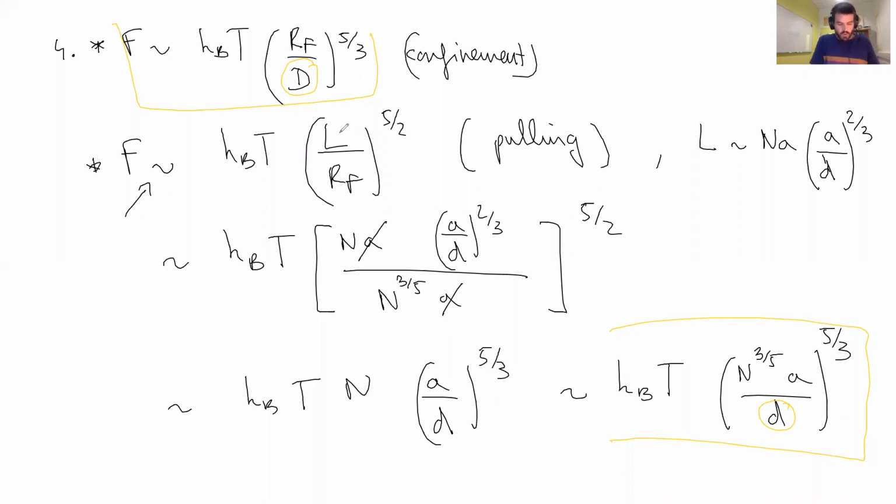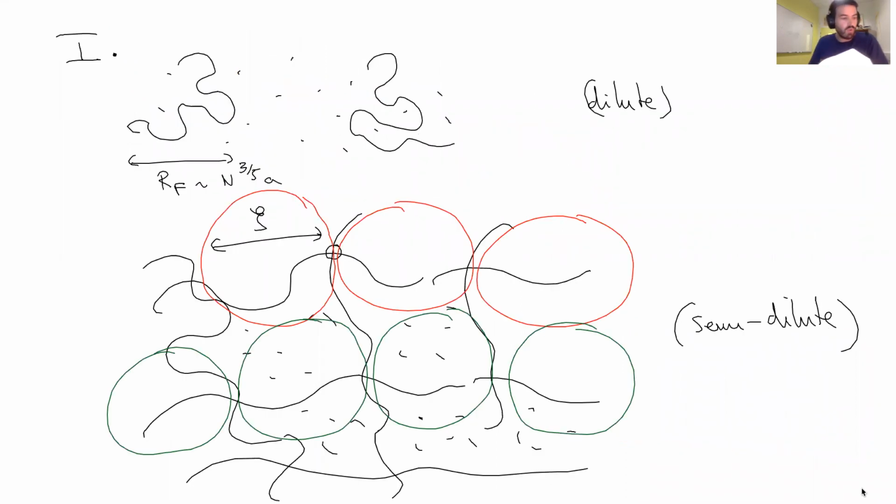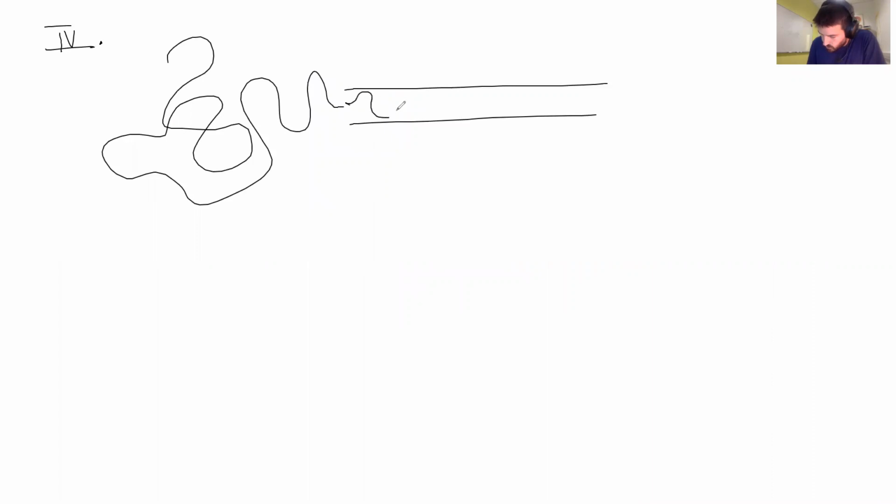Okay, so we are done with the statistics of confinement and the free energy of confinement. What we would like to do now to end up the problem is to come back to our initial discussion. I now want to consider a polymer chain that is really big, but I want to push it inside a small, narrow region.